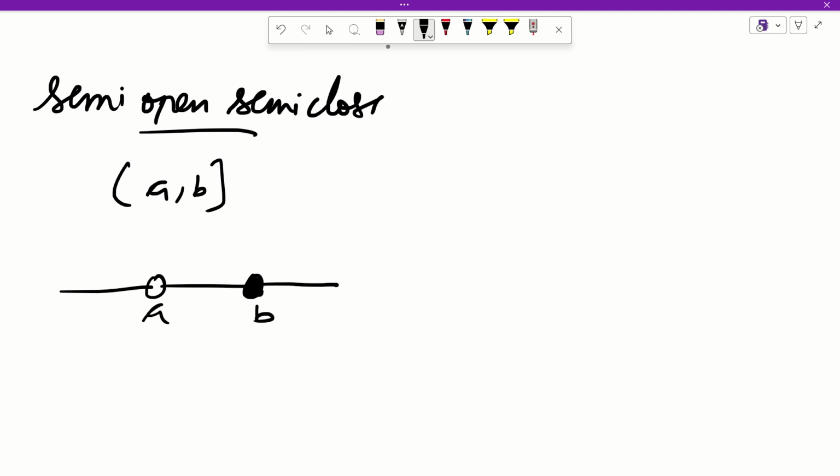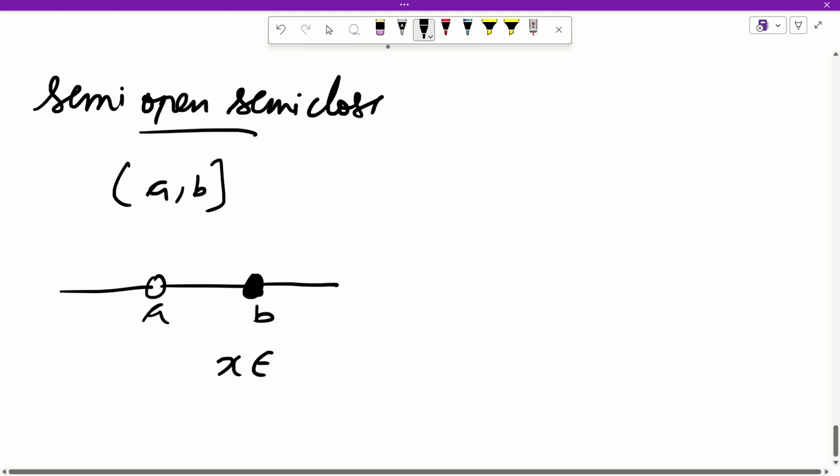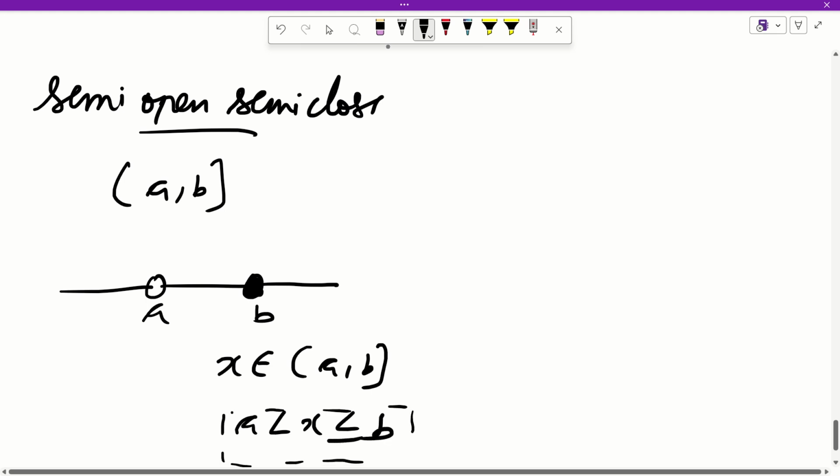Semi-open, semi-closed: x belongs to interval A, closed interval B. That is A less than x less than or equal to B. This will be the inequality.